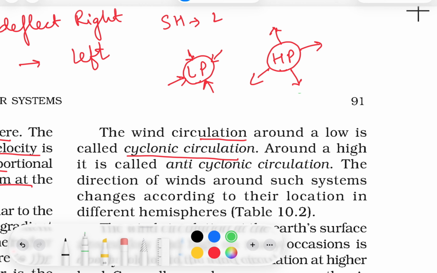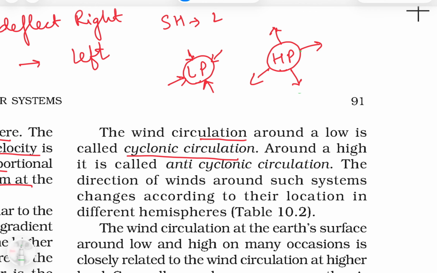So when these winds are moving from the high pressure to low pressure area, it will deflect in the left side. This will deflect in the left side, and this in the left side. In case of the low pressure areas, it will deflect towards this side, this side, and this side.